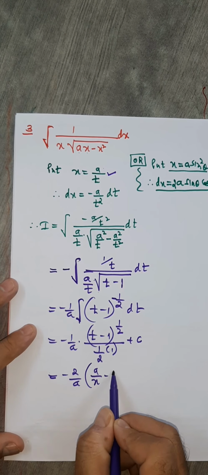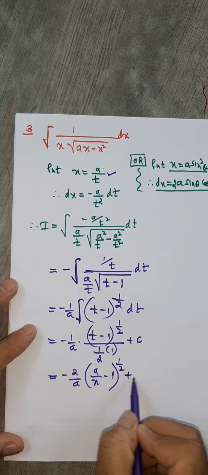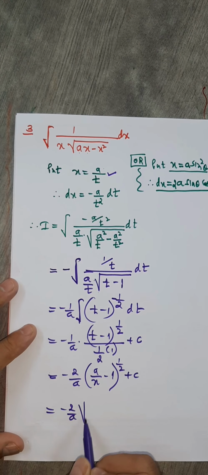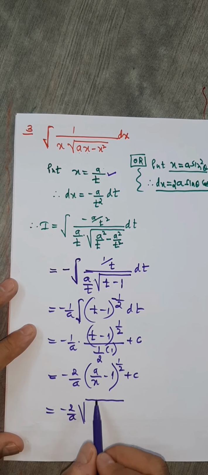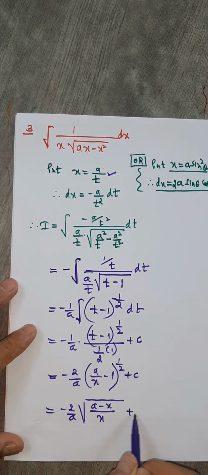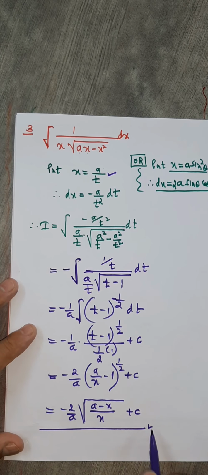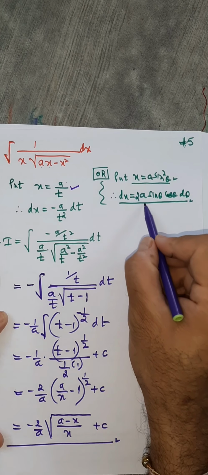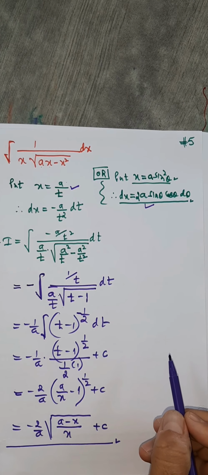So a by x minus 1 raised to 1 by 2. So minus 2 by a, and raised to 1 by 2 means inside the square root, a minus x upon x, plus c. You can try this way also. I'm sure you can do it.